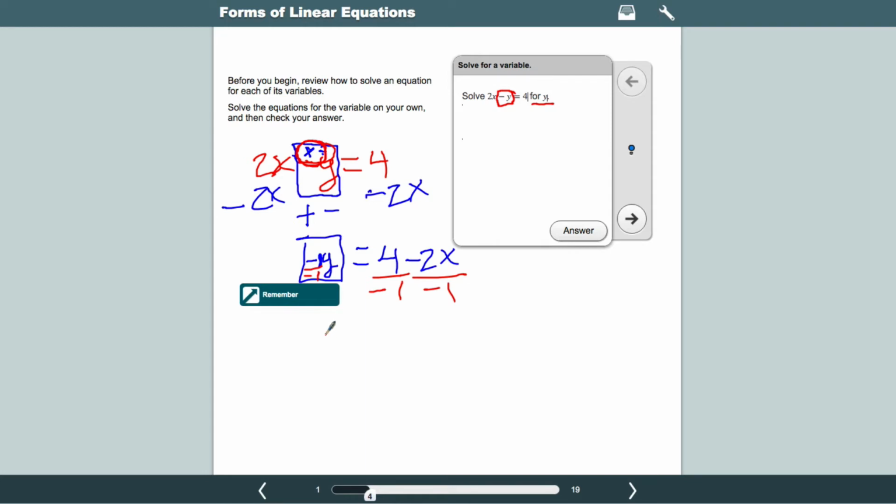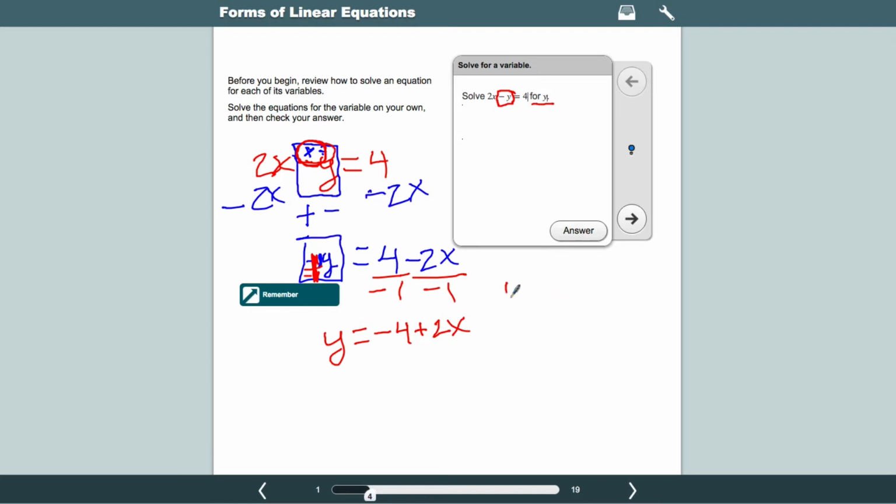And that leaves us with just y equals, because -1 divided by -1 equals 1, and 1 times y is just y. 4 divided by -1, we're just going to leave as negative 4. Anything divided by negative 1 just changes its sign. Negative 2x divided by negative 1 is positive 2x.